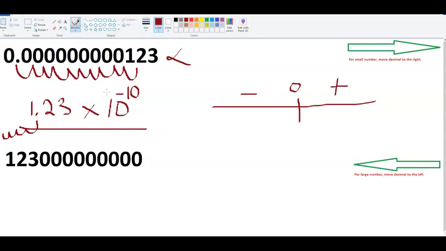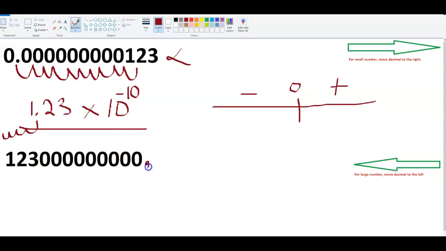Okay. Good. So in this one right here, in the larger number, we're going to assume an imaginary decimal point at the end of the zeros. So we're going to move this decimal point to the left for a large number such that the coefficient will be less than 10.